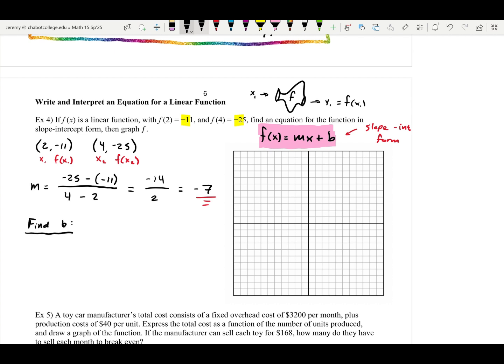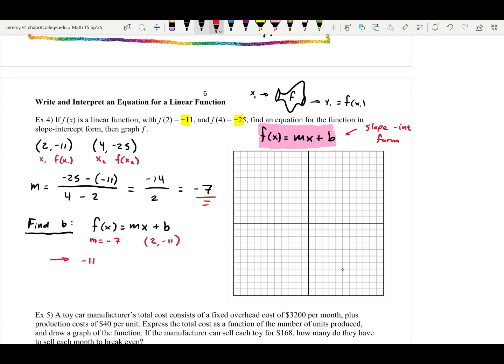One of the simplest ways to do it is to look at this slope-intercept form, f of x equals mx plus b, and use some of the information that we have. So we know that our m is equal to negative 7, and one of the points on the line, I might just use 2, negative 11. It actually doesn't matter which point you use, you just need one point on the line. I can use these values and plug into my slope-intercept form.